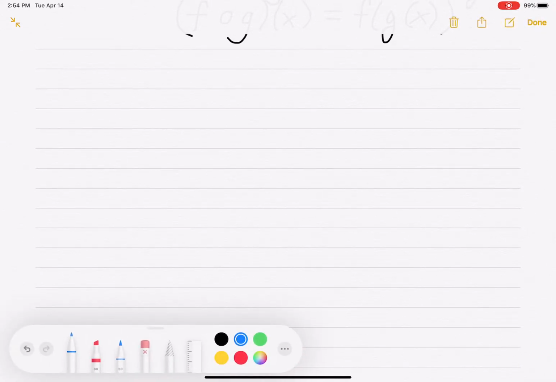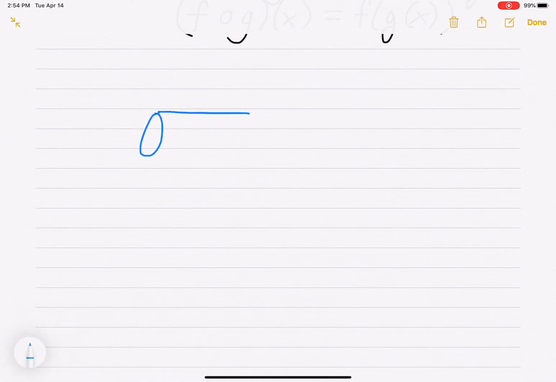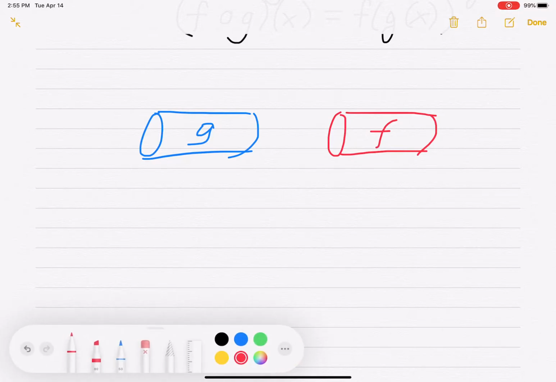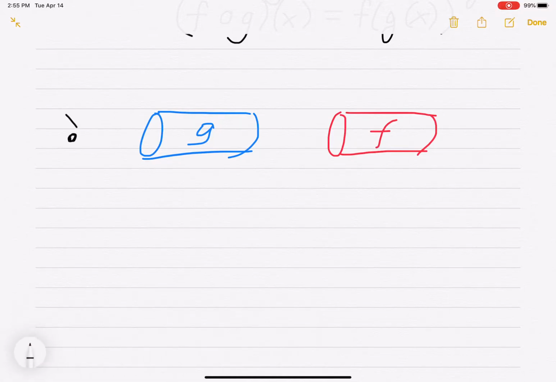You have a function g here. It's like a machine that you plug stuff in, and you have another function f over here. You plug stuff in. The idea is that x can be plugged in to g. Now what comes out the other side of g? G of x, right? G of x comes out.